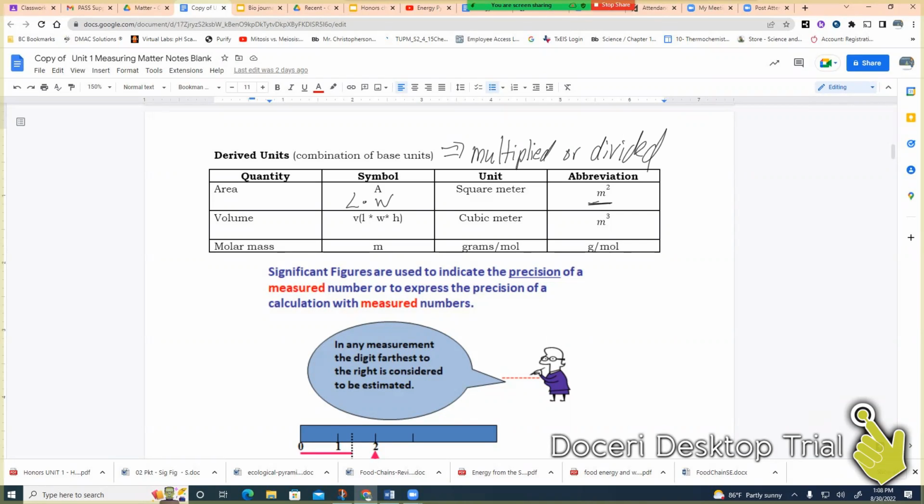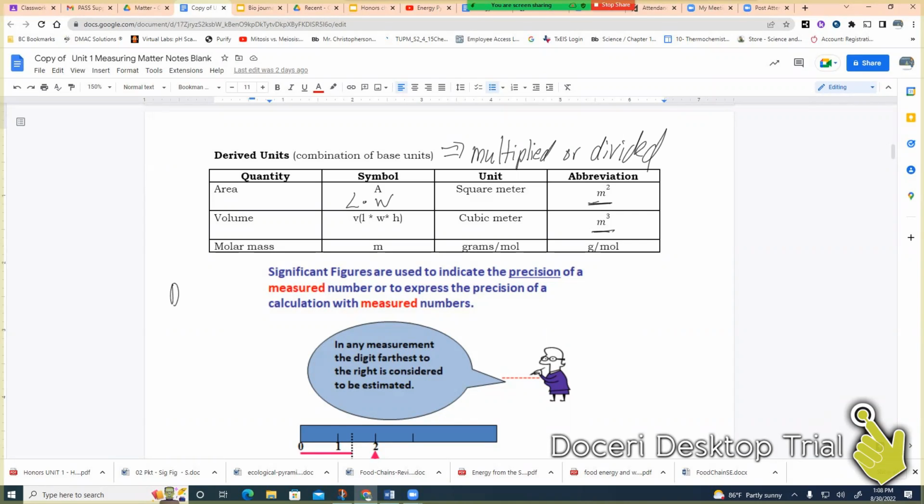Volume is length times width times height. So in that case, you would be multiplying three numbers and also three units. So you would get cubic meter, which is meter cubed whenever it's written. Molar mass we use a whole lot, and that is grams divided by moles. So that's going to be a derived unit.